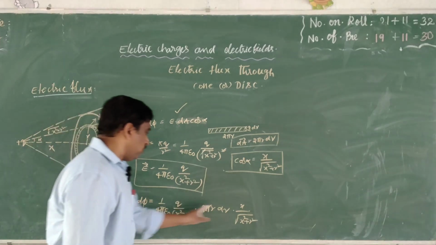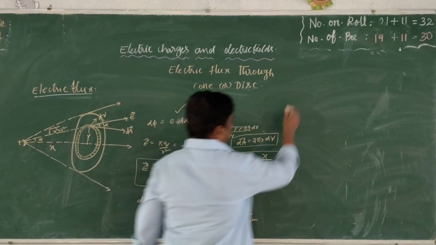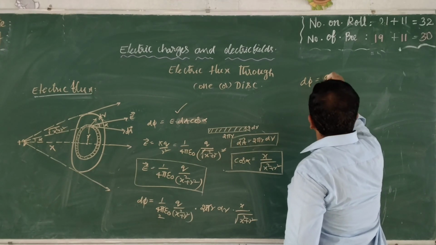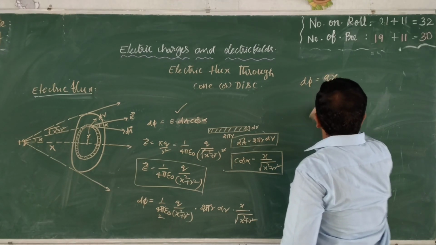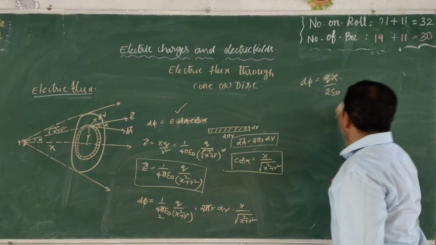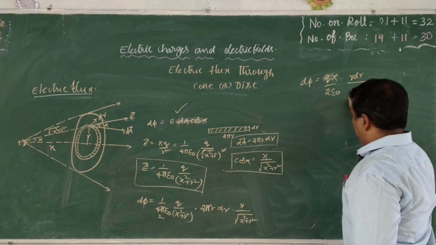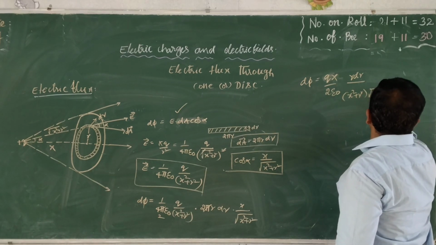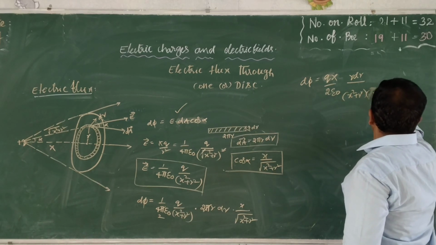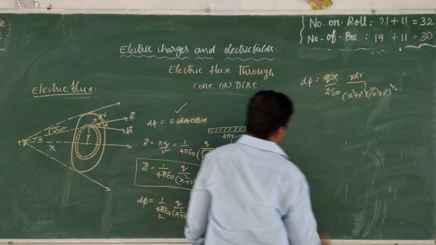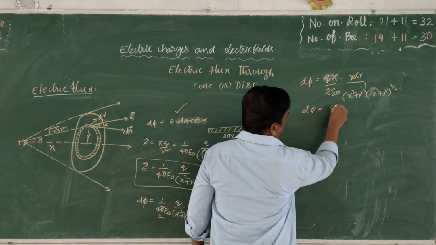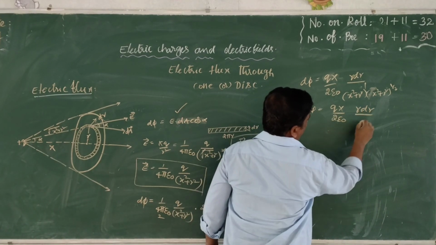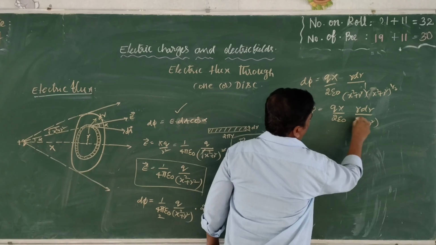So we can write d phi equal to q x by 2 epsilon naught into r dr by x square plus r square into root of x square plus r square. The root of x square plus r square is power 1 by 2, so adding 1 plus 1 by 2, we can write d phi equal to q x by 2 epsilon naught, r dr by x square plus r square whole power 3 by 2.